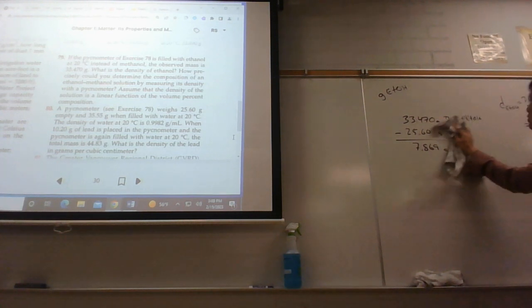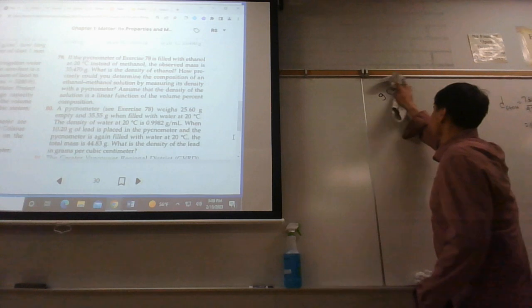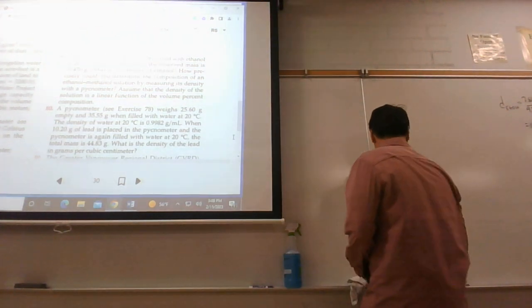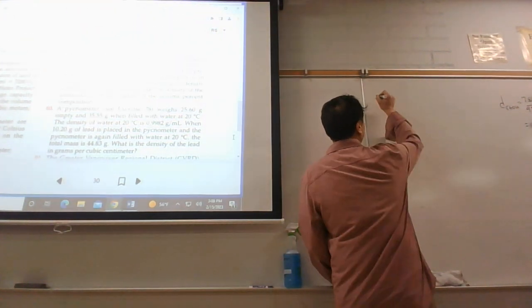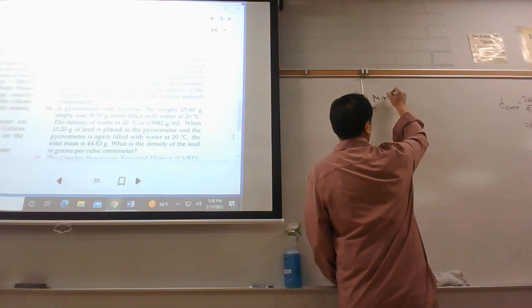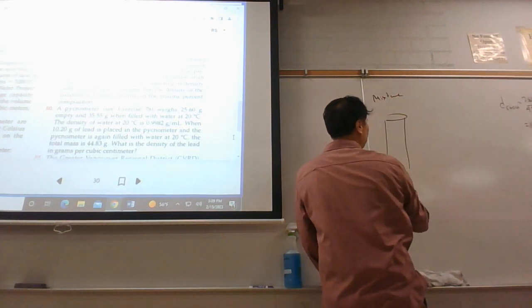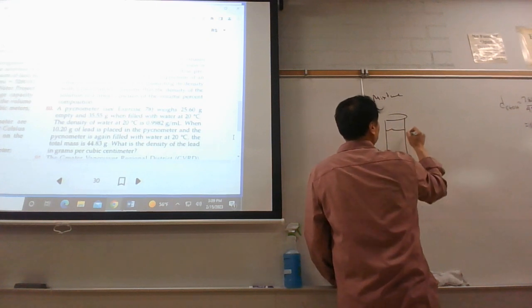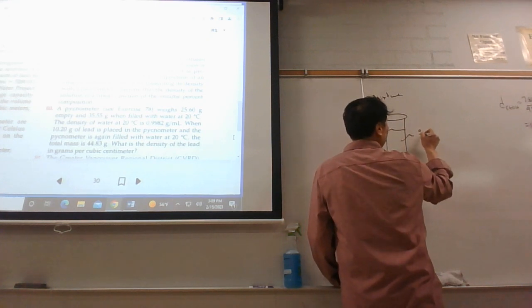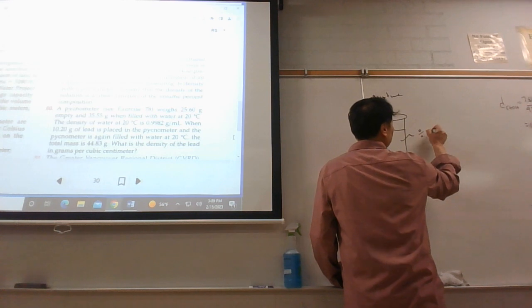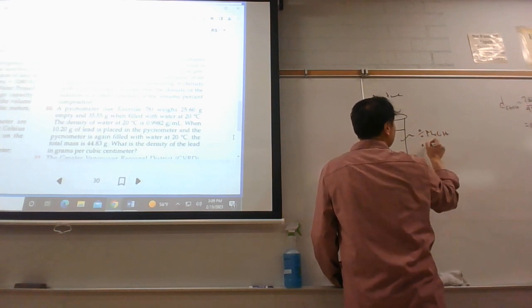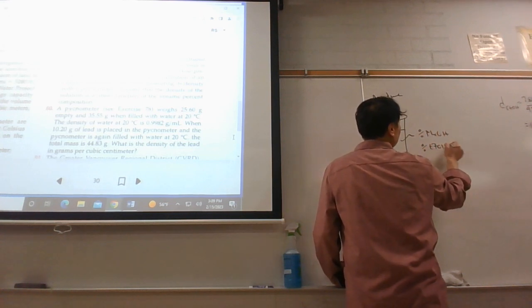Now, if we have a mixture, if there's a difference, then we can do it via the graphical method. So the mixture is going to contain both ethanol and methanol. What we want to know is the percent methanol and the percent ethanol in this mixture.